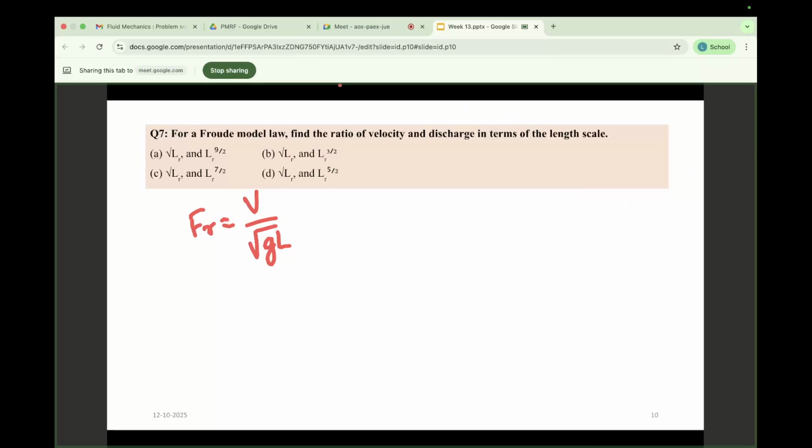So see, this Froude number I have written. So for dynamic similarity, what dynamic similarity there should be between the model and the prototype I can write.